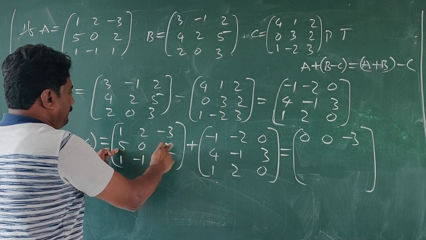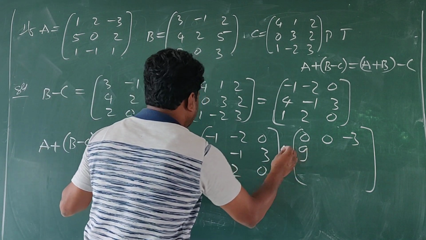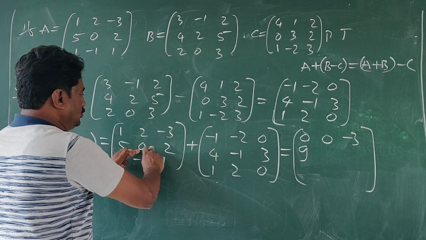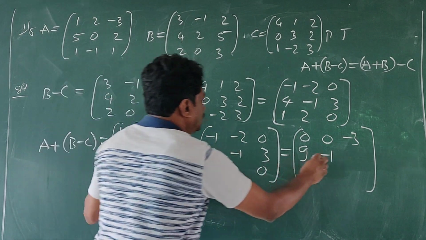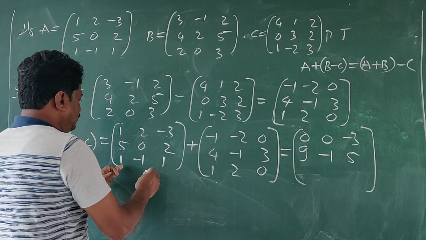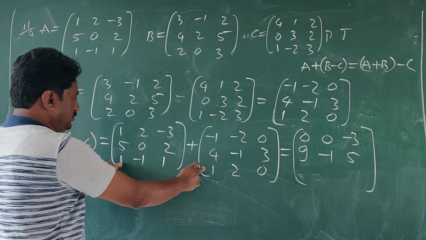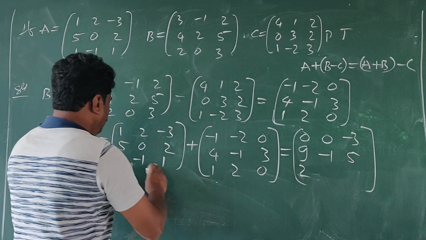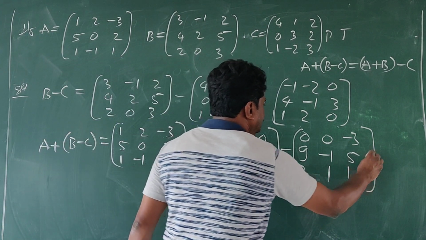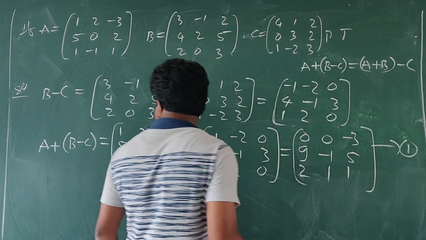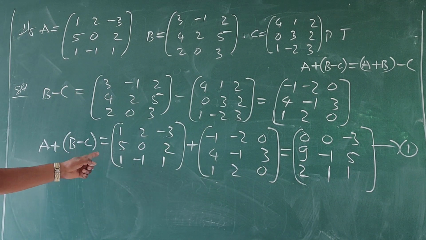Next, 5 plus 4 is 9. 0 minus 1 is -1. 2 plus 3 is 5. Next, 1 plus 1 is 2. -1 plus 2 is 1. 1 plus 0 is 1. We got A + (B - C).